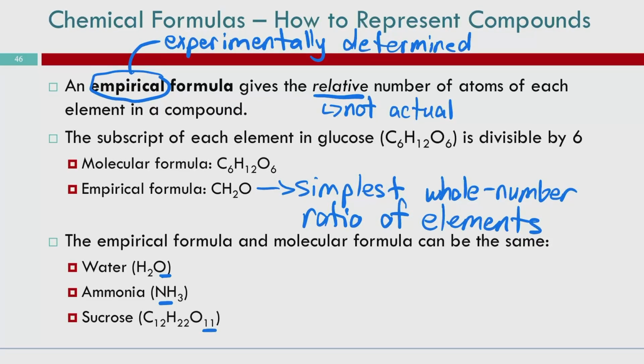And sucrose, different than glucose, but also a sugar, has an 11. You may know that 11 is a prime number, so we can't divide that by anything other than 11. And this 12 can't be divided by 11, so that's also an empirical formula. So these are all the simplest whole number ratios, and they are also the actual number of each of those elements in that particular chemical.